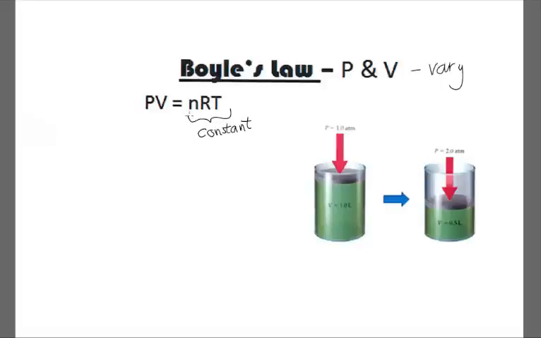All right, so going back to the ideal gas law. If the right-hand side of the ideal gas law is constant, then the left side has to be constant too. So pressure times volume is a constant. And if pressure times volume is a constant, then pressure times volume before equals pressure times volume after any given change, for the same number of moles of gas at the same temperature.